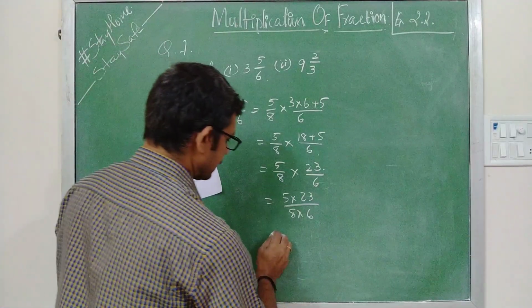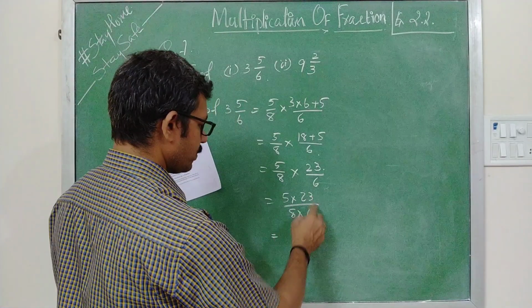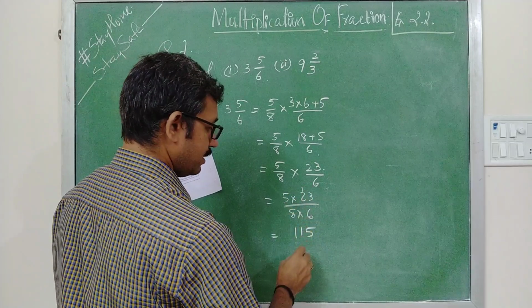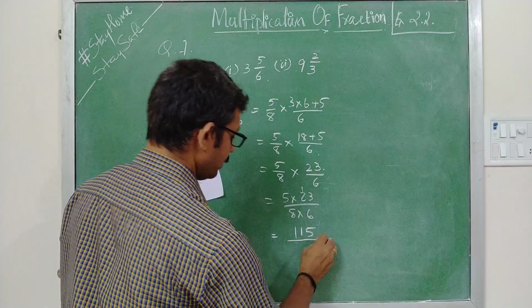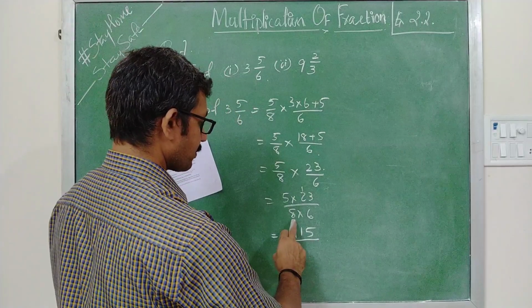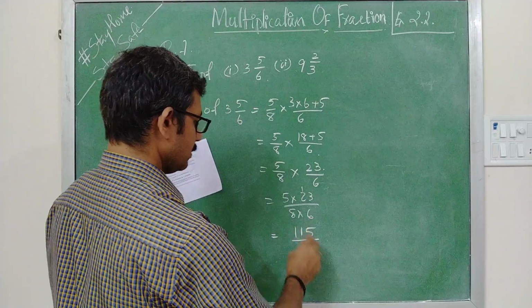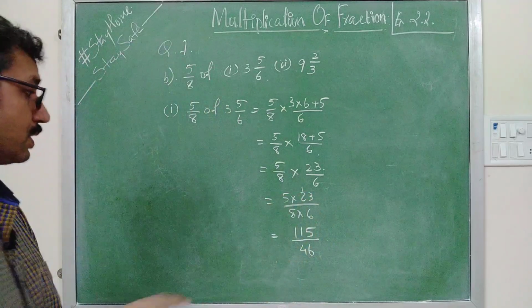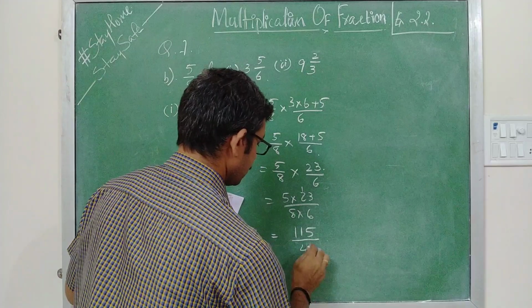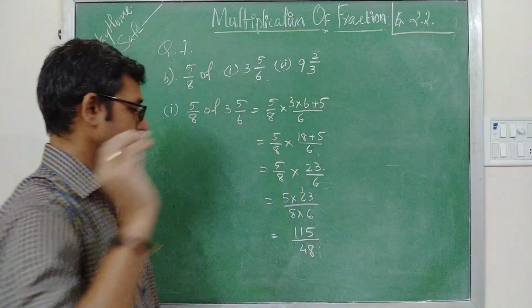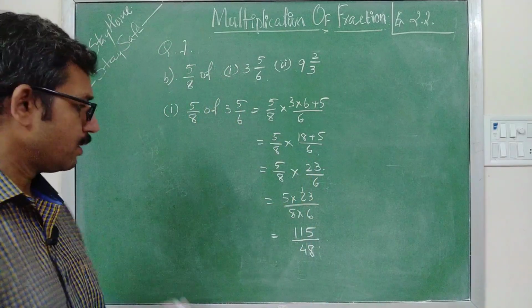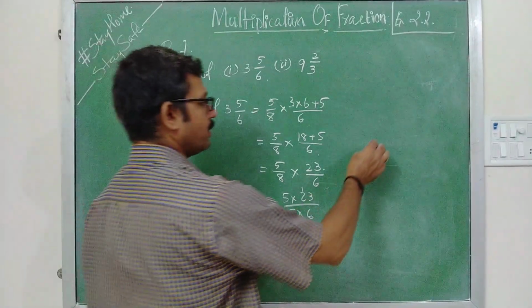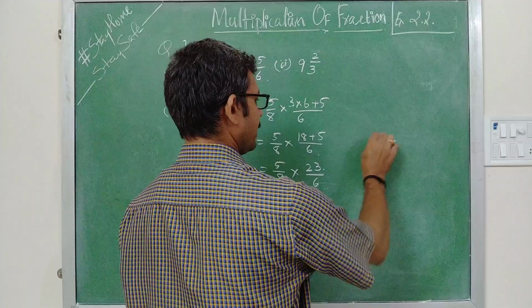So which is equal to 5 into 23 is 115 upon 48. Now again you know it is an improper fraction, therefore 115 divided by 48.